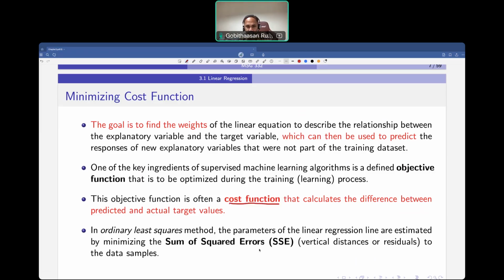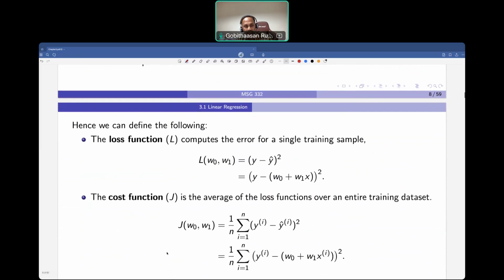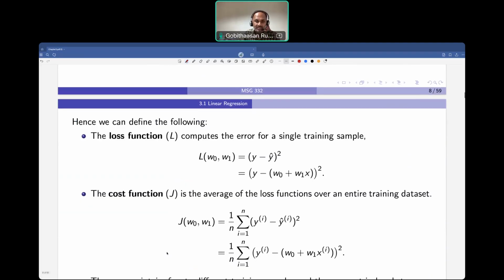Okay, so one way is by minimizing the sum squared error. The sum squared error geometrically represents the vertical distances to the sample data, which I have been calling residuals. First is the loss function. The loss function computes the error of a single training sample.